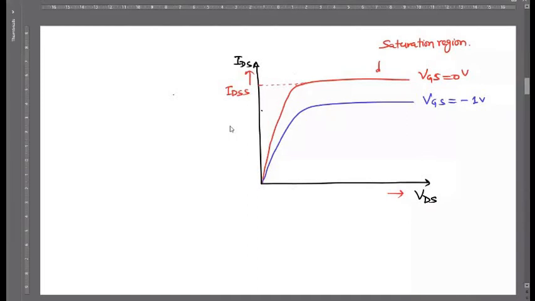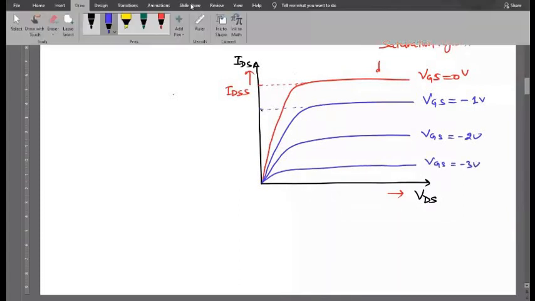Some negative value of the voltage has been applied. So what will happen? This channel will be closed earlier. VDS will attain the value of VP earlier, and this maximum current will be reduced. And similarly for VGS equals minus 2 volt, and finally VGS equals minus 3 volt.